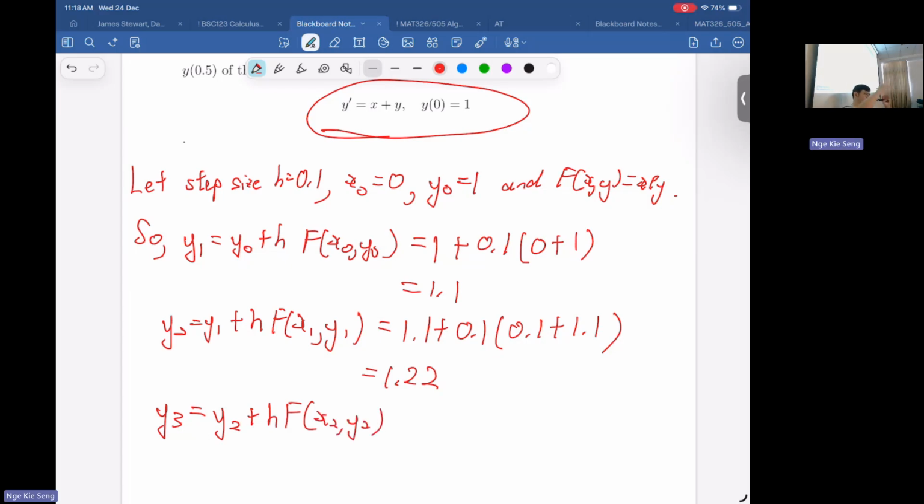Okay, so you take the gradient at x2, y2, and then you draw the tangent line, and then you check what is y3. Okay. So this computation is very straightforward.